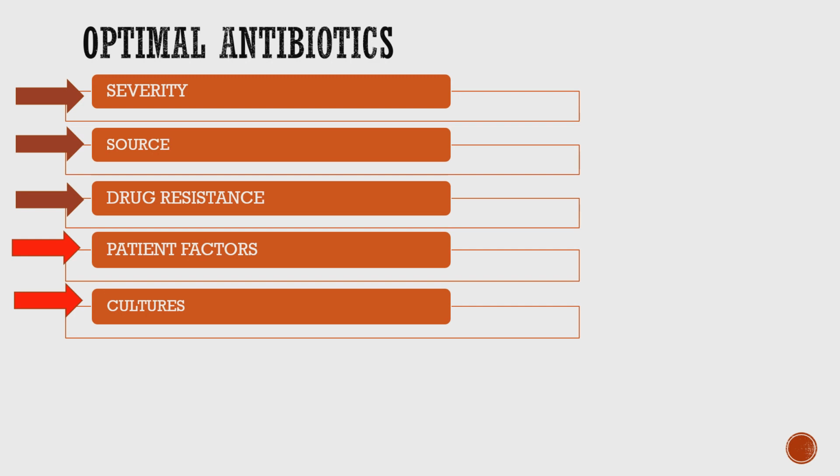So we have to have a local antibiogram for empirical selection of the antibiotic. Finally, we have to take some patient factors like renal function and hepatic function into account before prescribing the antibiotic. And finally, we have to definitively change the antibiotic on the basis of culture results. So we have to send all required cultures in the patient.